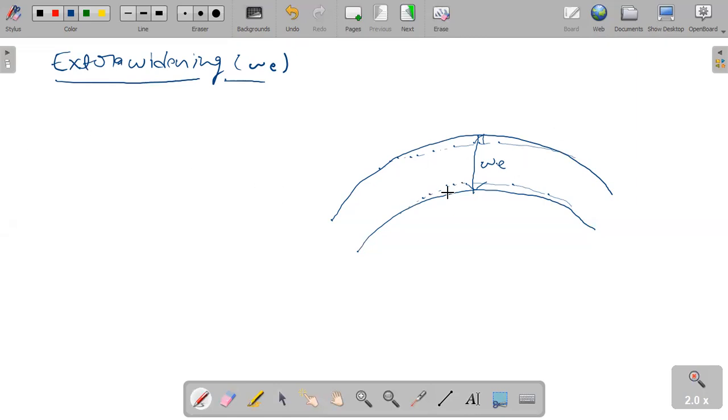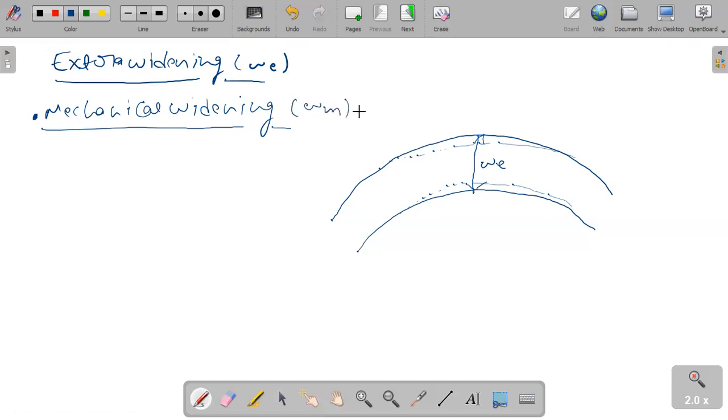So this is basically an overview of this diagram. In extra widening we consider only two parts: the first one is mechanical widening, and the second one is psychological widening. Mechanical widening we denote by Wm.